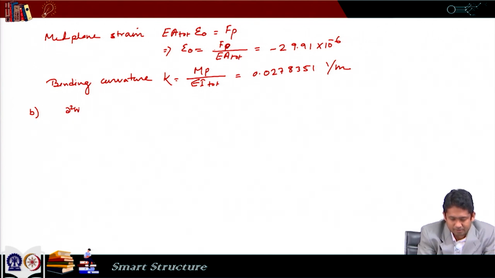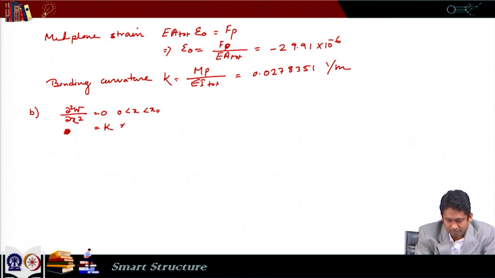So, we have del 2 W by del x 2 is equal to 0 when it is between the fixed end and the piezoelectric patch, and it is equal to kappa in the zone of the piezoelectric patch, and again it is 0 when it is beyond that.